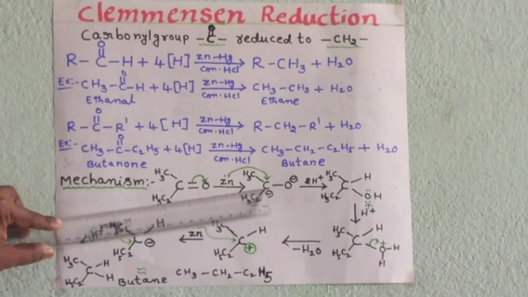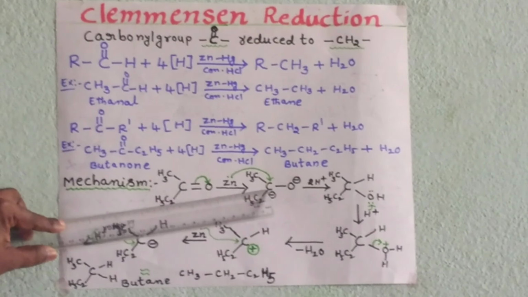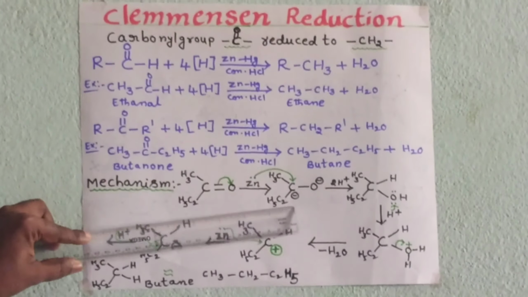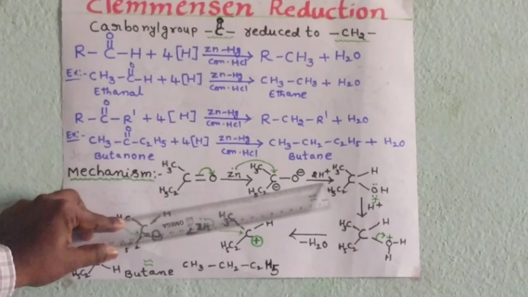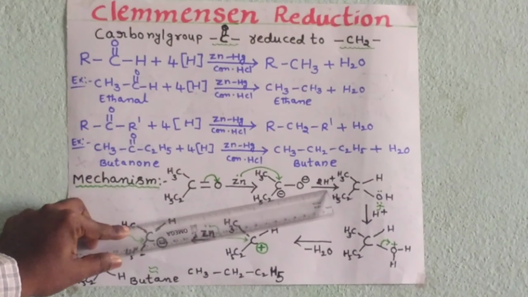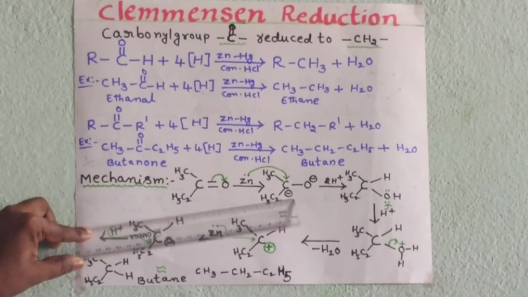The carbon atom takes 2 valency electrons of the zinc atom, and is converted into a negatively charged species, a carbanion. Now 2 H plus ions attack this species.